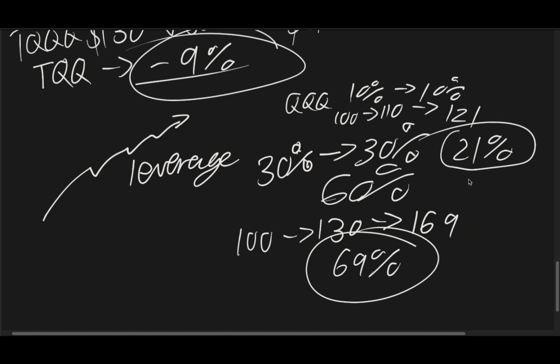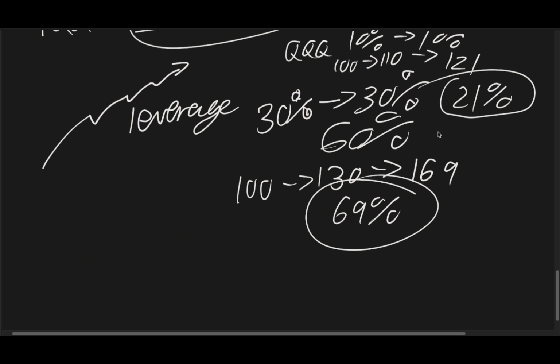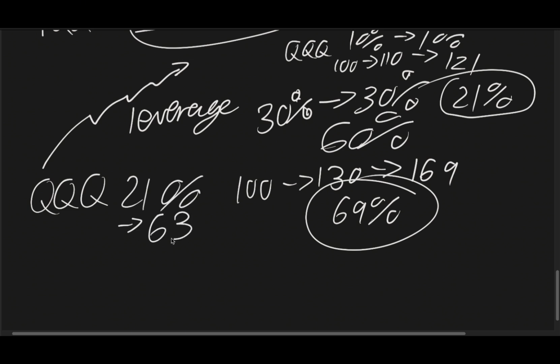Now keep in mind, if you were using your broker's account in this scenario, and you invested in QQQ, your 21% return, borrowing your broker's money, would become a 63% return if you use 3x leverage from the broker.